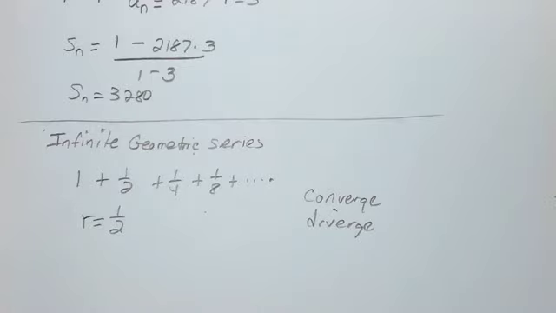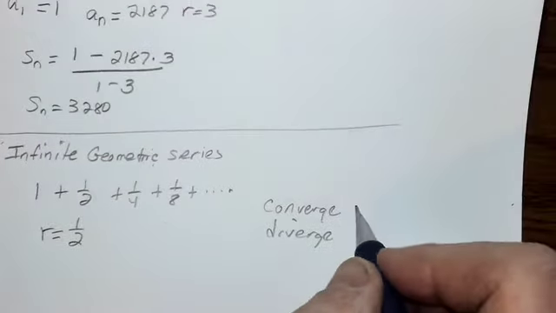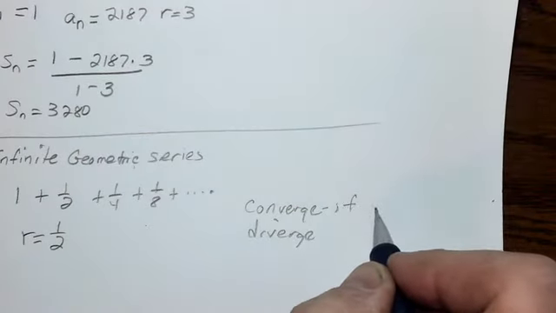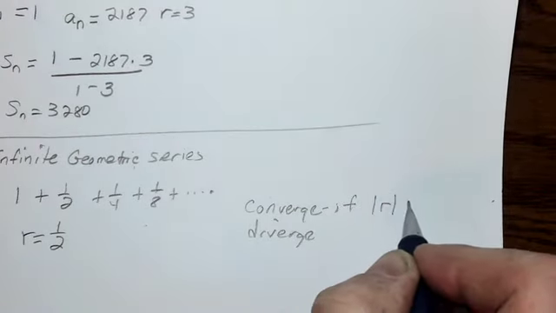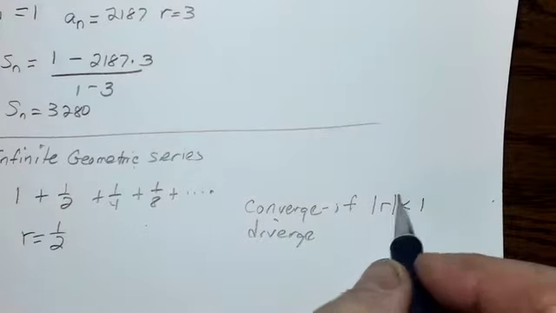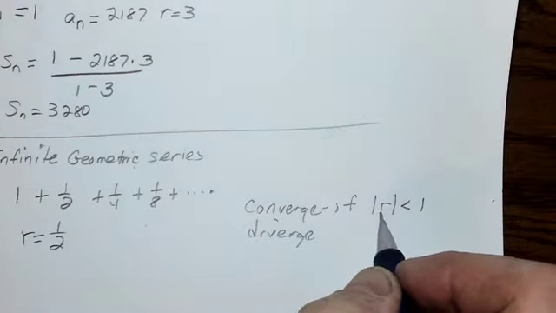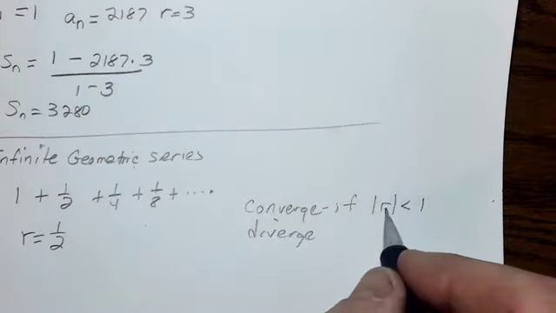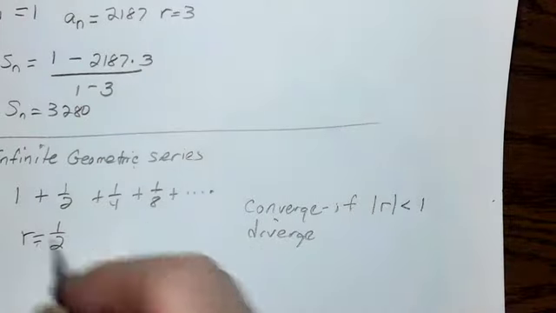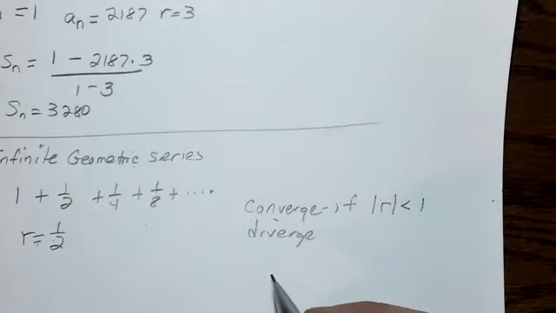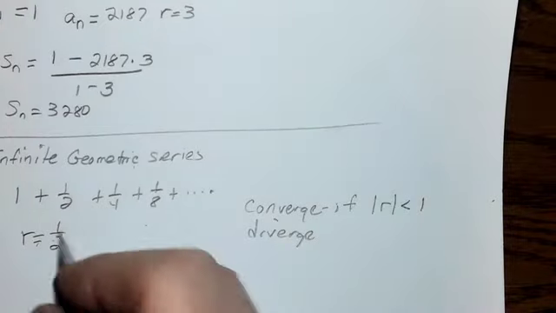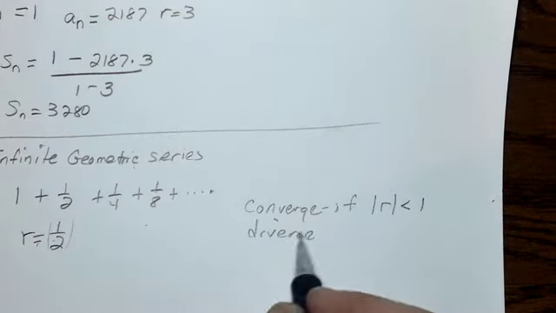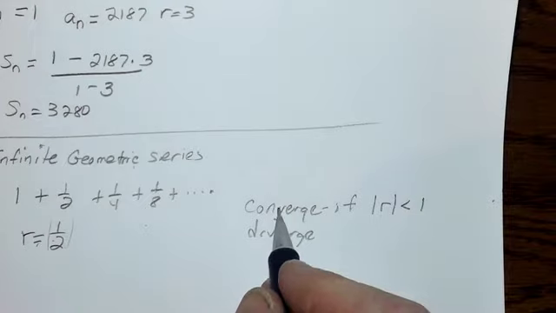A series converges if the absolute value of r is less than 1, meaning that r is a fraction less than 1, or it could be negative, like negative 1/2. It can't be a fraction bigger than 1. Once you find r, if you take the absolute value and it's less than 1, the series converges.